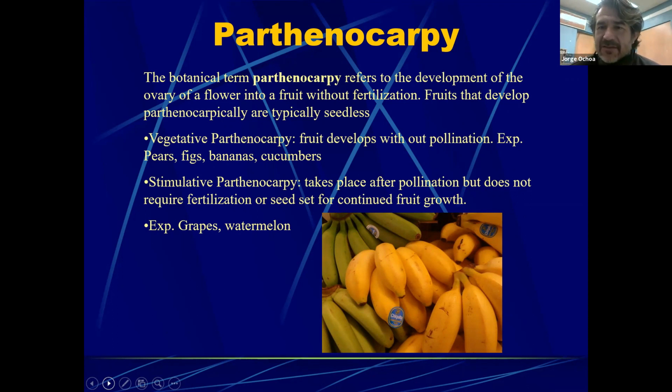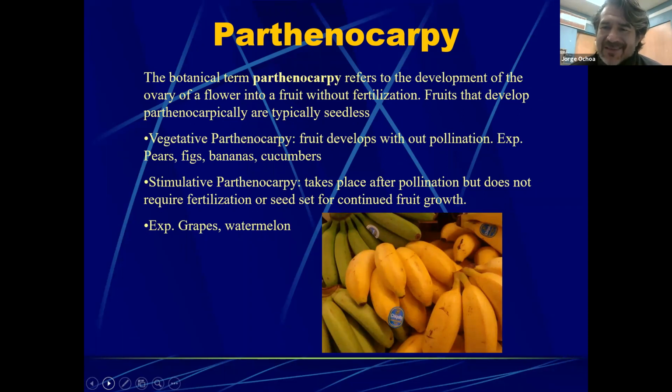Parthenocarpic is going to entail certain plants, not all of them, that produce the fruit without having to go through the process of pollination and fertilization, which in most cases may be sterile. An example is going to be the plain simple banana fruit.